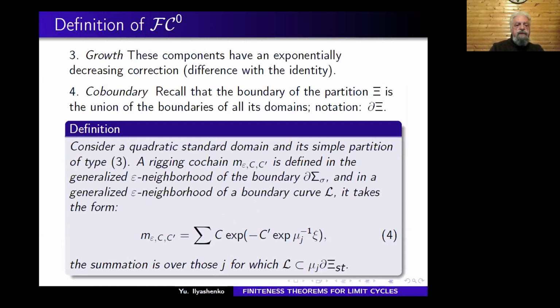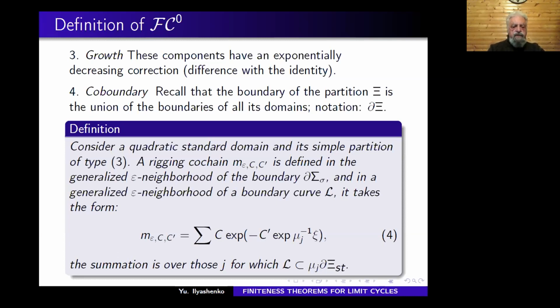The components have exponentially decreasing corrections. This is a specific subset of FC0, FC0 plus, the cochains that have exponentially decreasing corrections. And the general cochains may not increase faster than exponents.